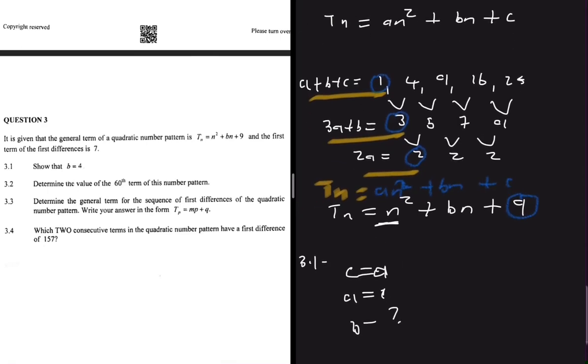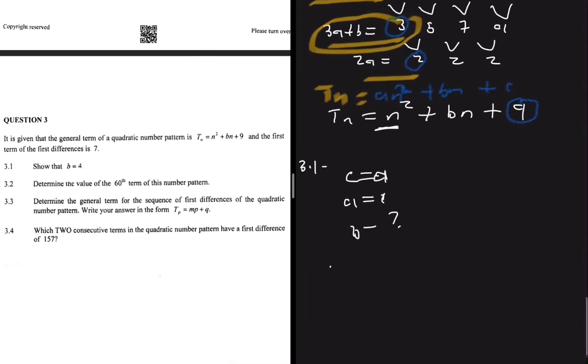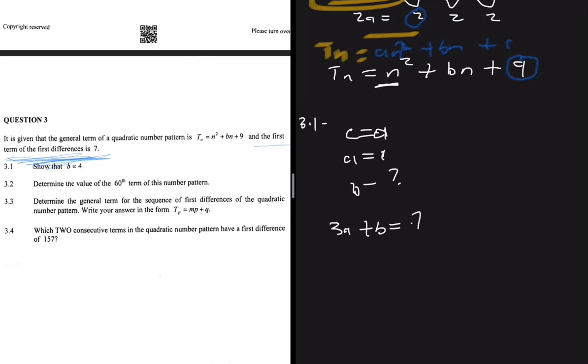If you look at the rule that we have here, we said that 3a + b should be equal to the first term of the first differences. In our question, we are told that the first term of the first differences is 7, so 3a + b = 7. Since a = 1, we have 3 multiplied by 1 plus b being equal to 7.